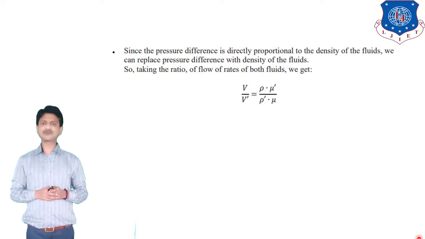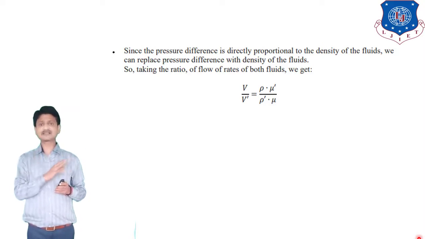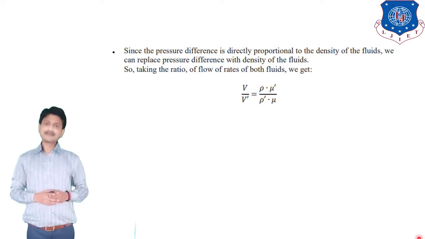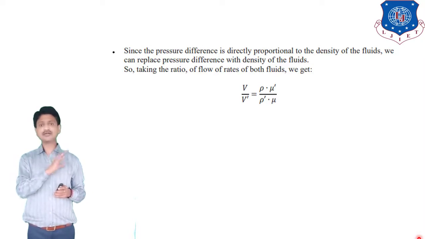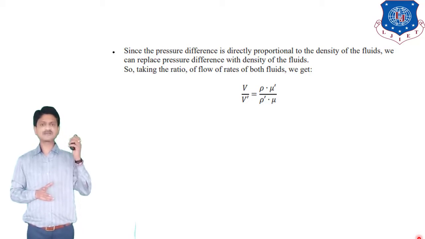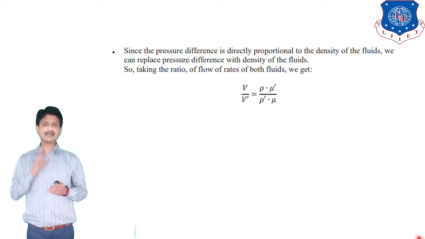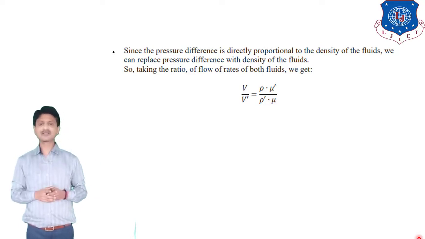Since the pressure difference is directly proportional to the density of fluids, we can replace the pressure difference with the density of fluid. So, taking the ratio of flow rates of both the fluids, we get V upon V dash equals rho by rho dash, mu dash by mu, where rho stands for density of fluid.